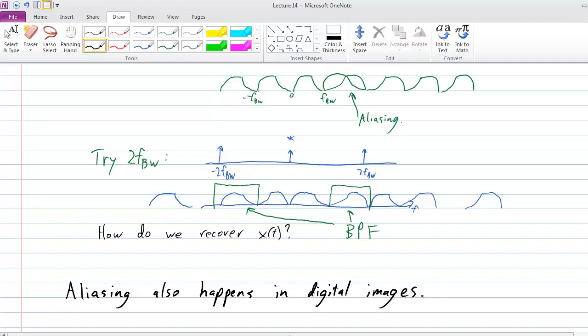One thing to note is that if you've played around with the settings of a DVD player and software, you often have these anti-aliasing filters that could be used to make video look better. The reason is because digital images are represented with pixels, which means they're sampled, right? And because they're sampled, you can get aliasing.